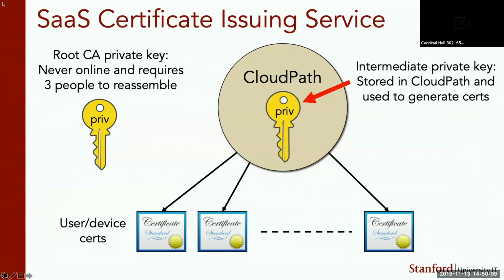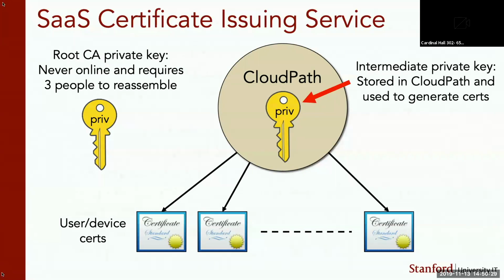So CloudPath does have our intermediate key, private key, and that's of course necessary for generating these certificates. But the root CA private key is never online. It requires 3 people to reassemble, and that's from what I shared with you earlier.